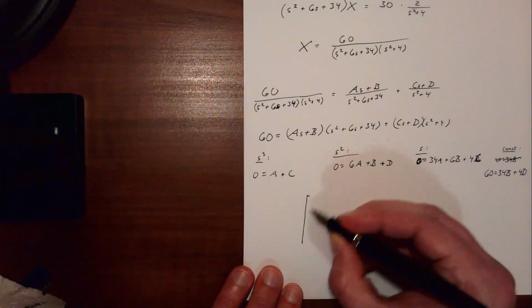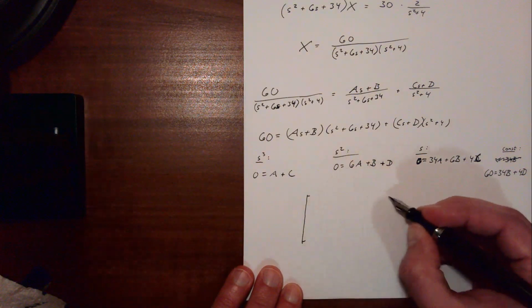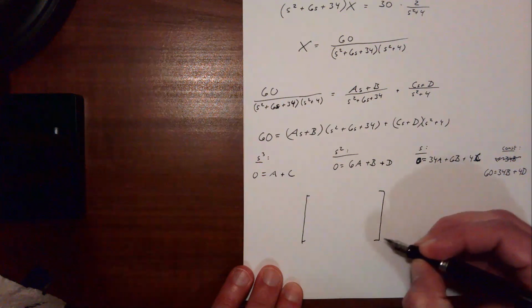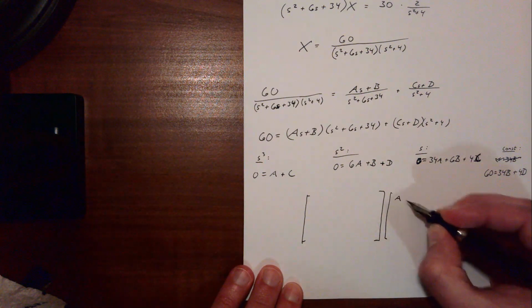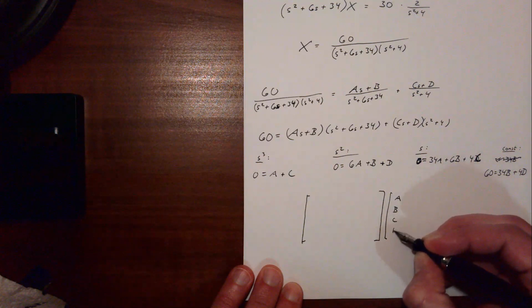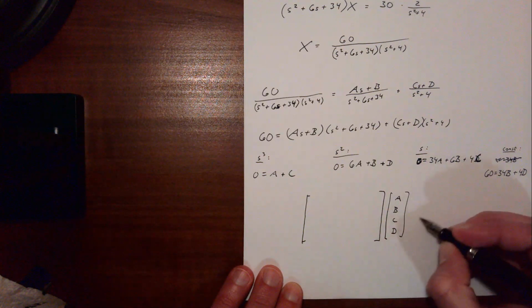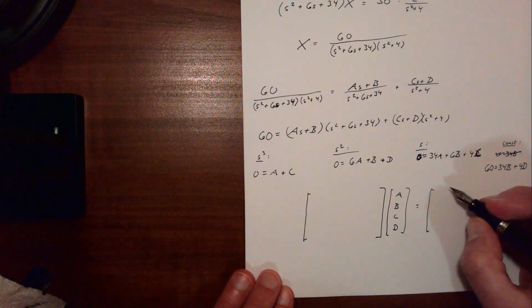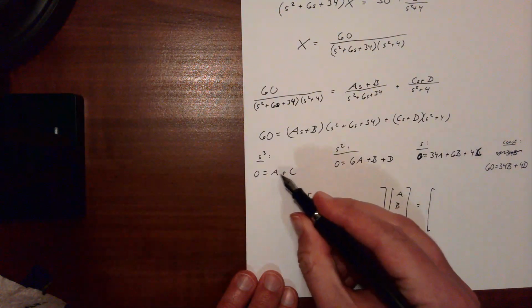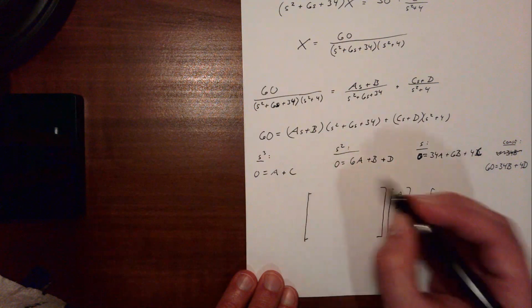The important thing is you can set it up as a matrix, with A, B, C, and D as the variables. Each of these equations will translate into one row.